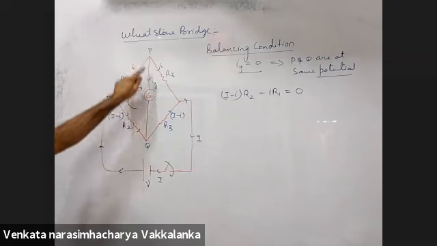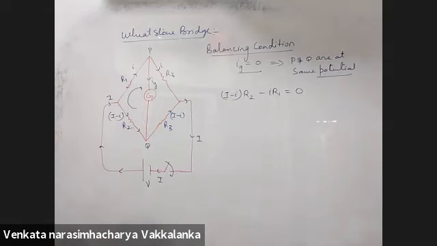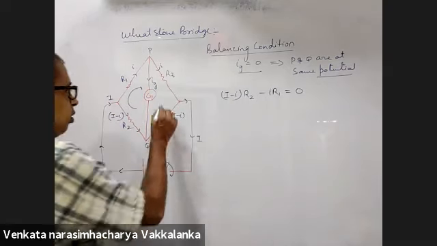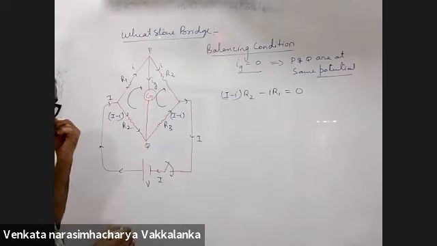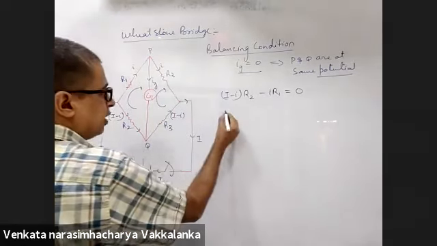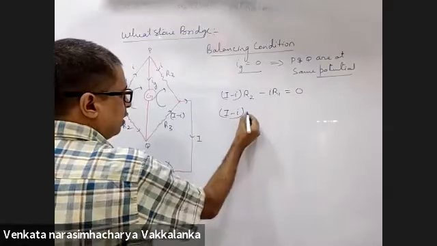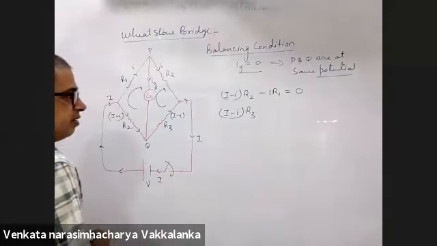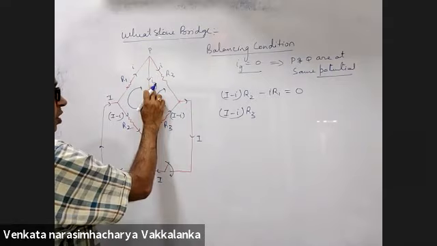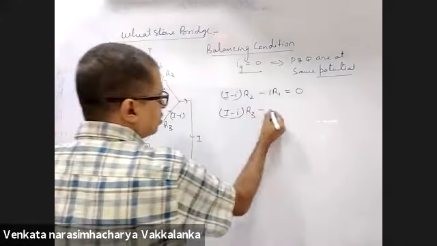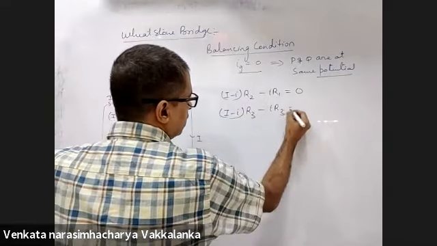So sir, when will that happen? When P and Q are at same potential. Now apply KVL to this branch. Opposite to the direction of current, I minus i into R4. IG is zero. In the direction of current, i into R3 is zero.